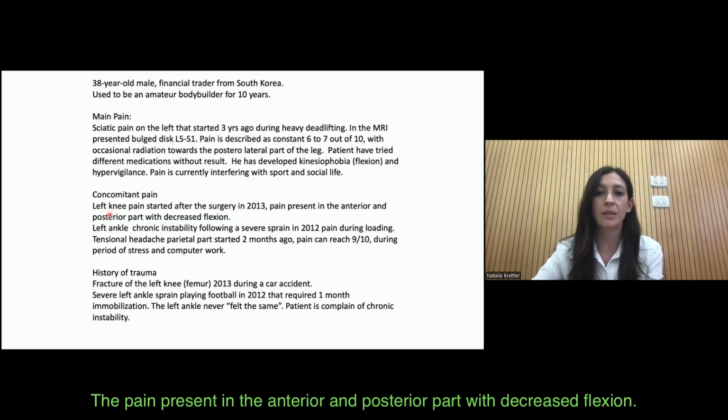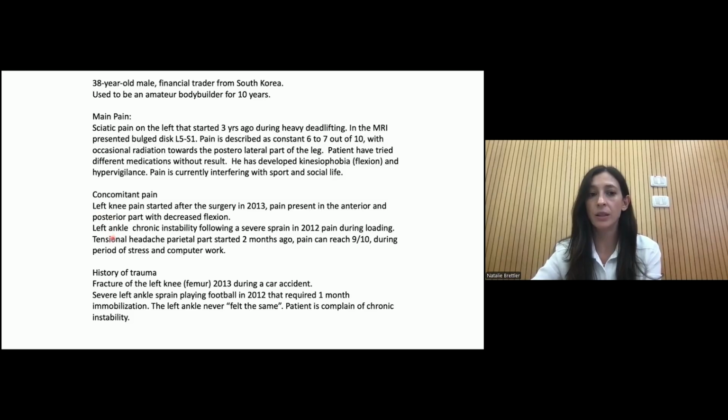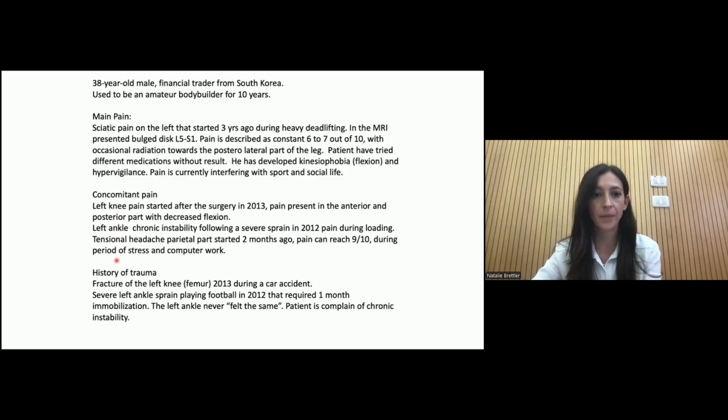The pain is present in the anterior and posterior part with decreased flexion. Left ankle, chronic instability following a severe sprain in 2012, with pain during loading. Also, tensional headaches in the parietal part that started 2 months ago. Pain can reach 9, 10 during periods of stress and computer work.